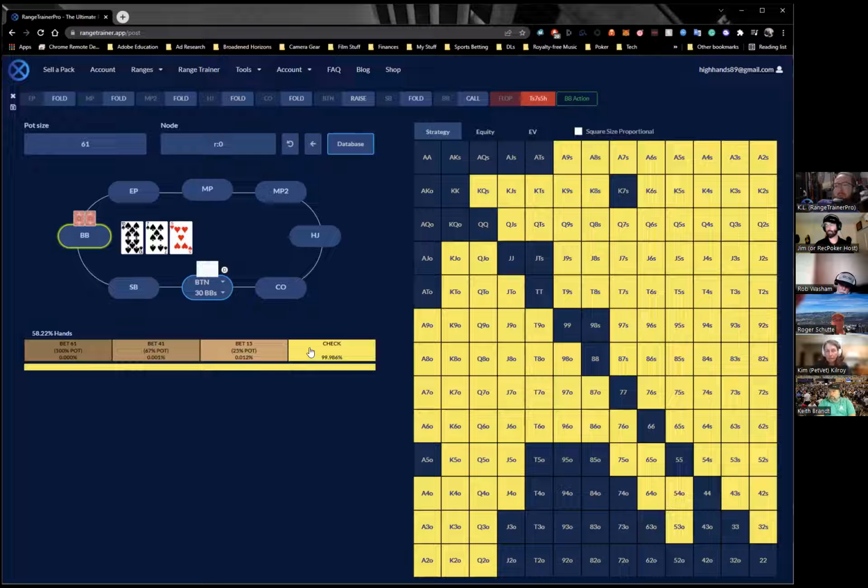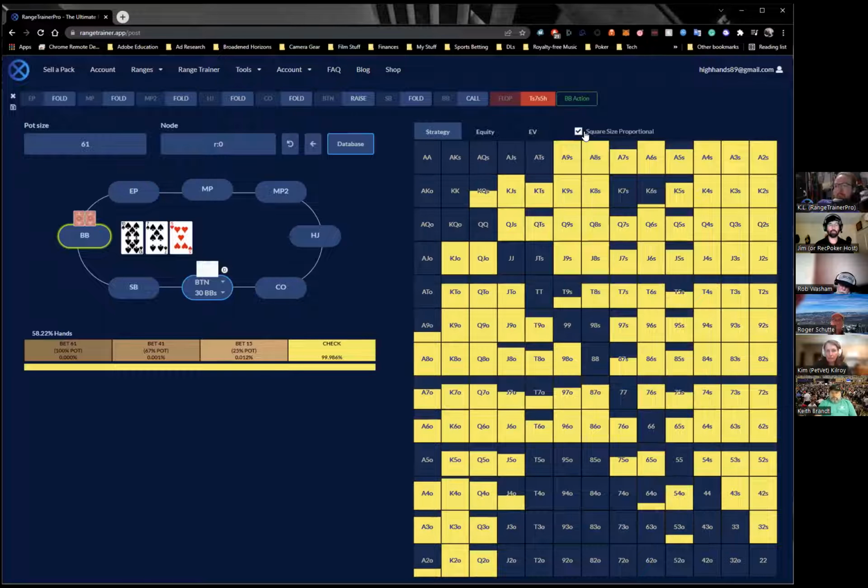So in this situation, big blind never leads. Up here we can turn on square size proportional, and what that means is it will show you the frequency per hand of how often the highlighted player actually gets to this point in the hand.